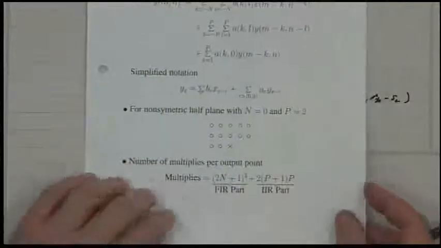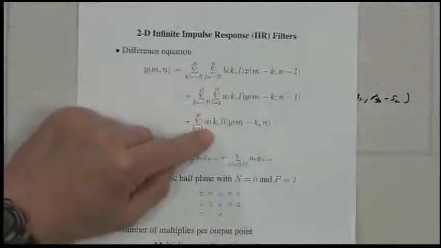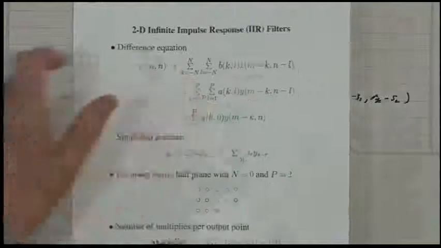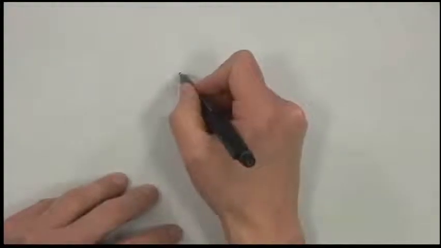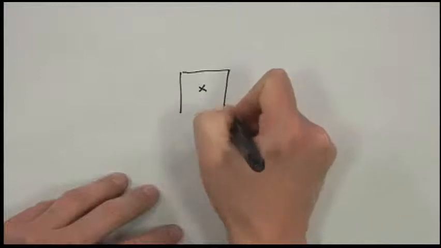Now, the number of multiplies it takes for each output point is just the number of multiplies it takes to evaluate all this, and you have two windows to use. The one window is for the point I'm calculating, so I have to multiply by the points around it.